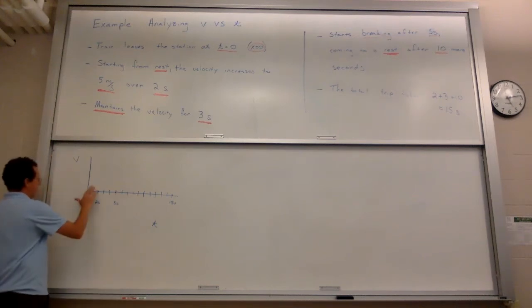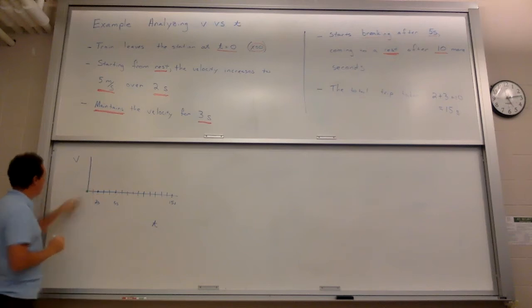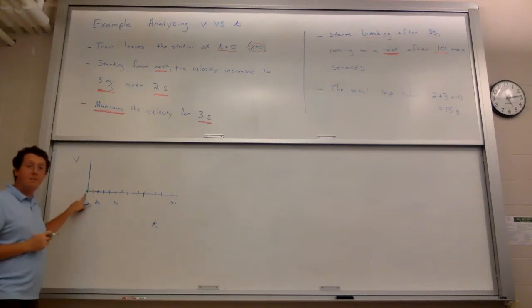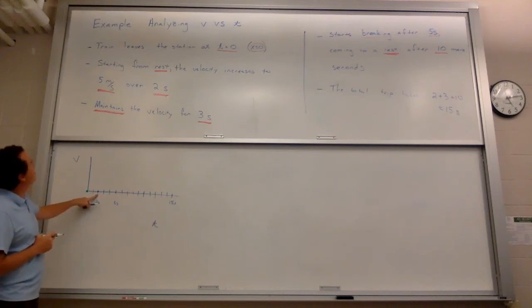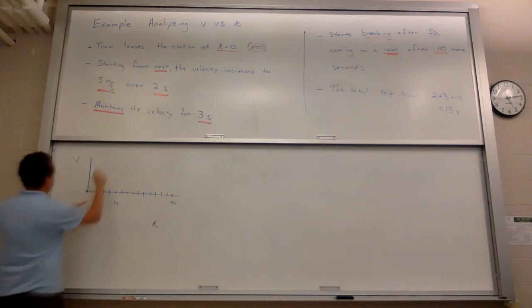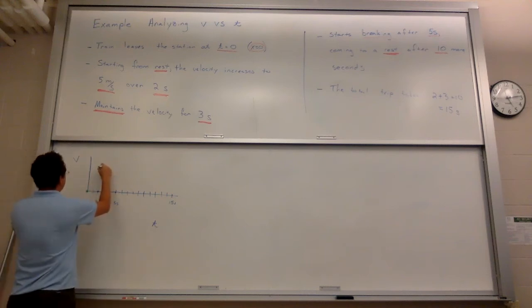I've been marking these points in green, so I'll just keep on trucking with that idea. So it starts at rest, at 0 velocity, and then after 2 seconds, the velocity is 5 meters per second. So I'm going to go ahead and mark that here.